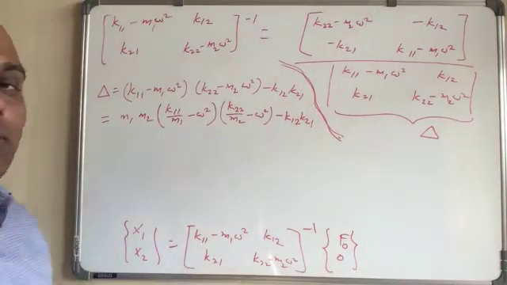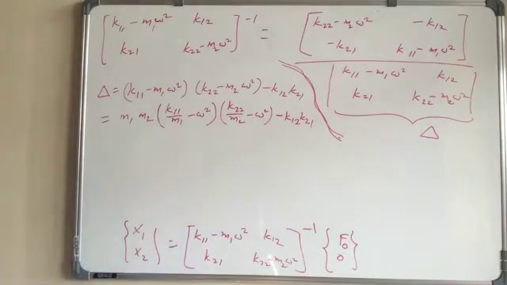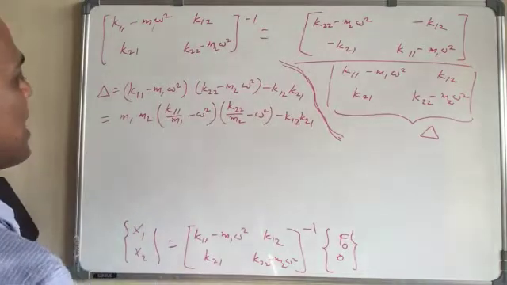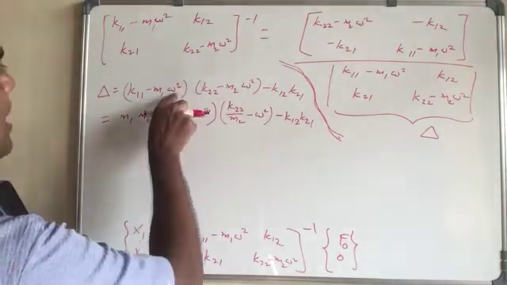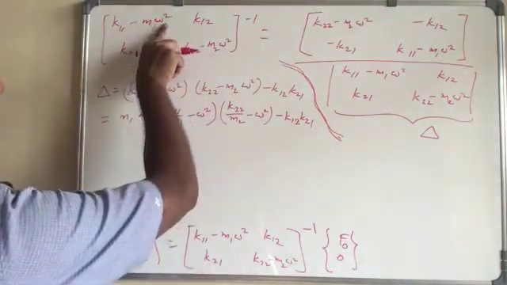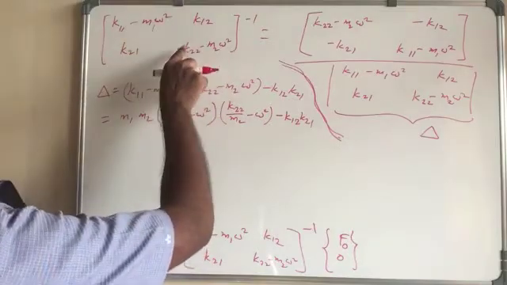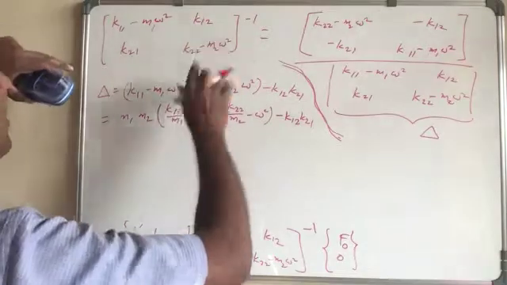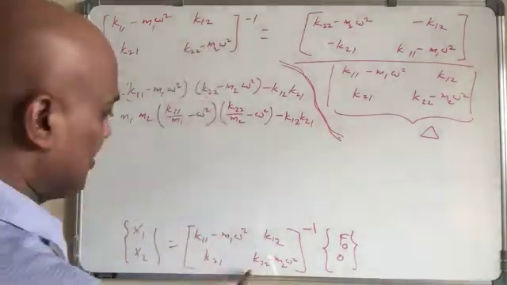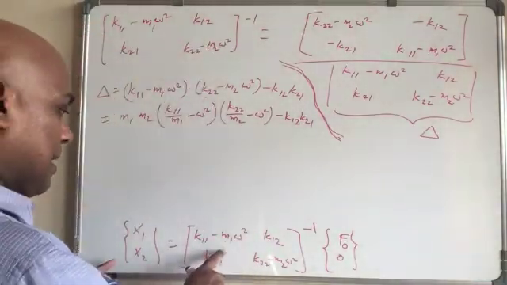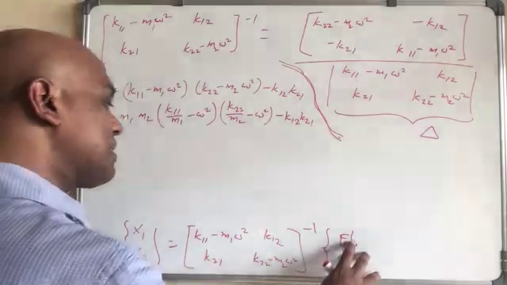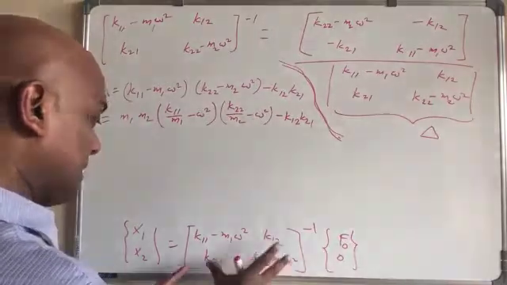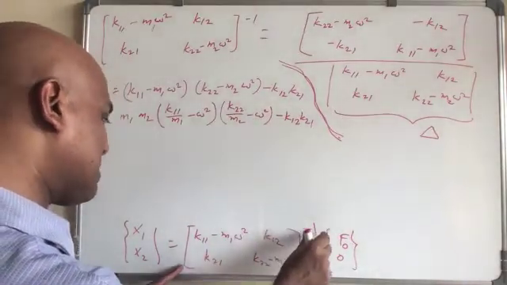Now we have to write this in terms of omega n. If we had the omega n term here, we know that the determinant of this will be 0. What I mean to say is, yesterday we found that if f naught is equal to 0, meaning the case of free vibration, without the inverse term.